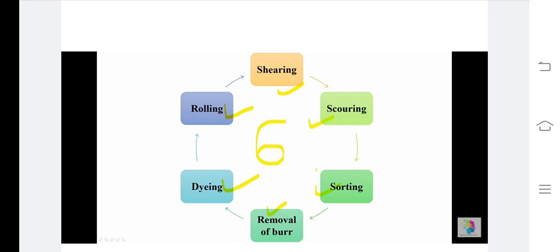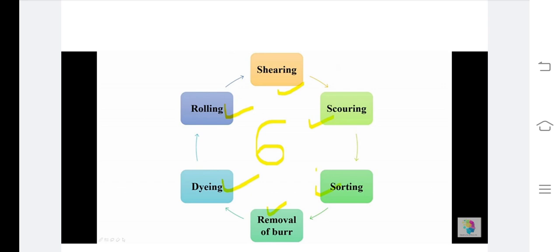Shearing, that means removal of hair along with skin, right? Next one is scouring, washing, right? Later on, sorting based on certain criteria. Next, removal of burrs, dyeing, rolling. These are the six steps in processing fibers into wool. I hope you understand, children.